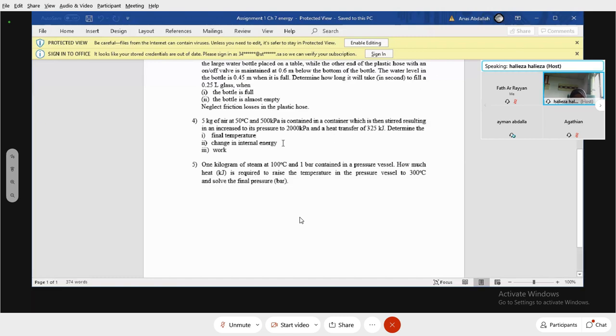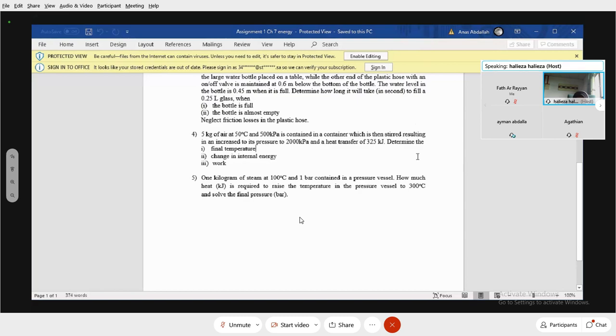Right now I have somebody's solution here, using appendix B8. This person calculated H, then from H calculated U, using H equals U plus PV.